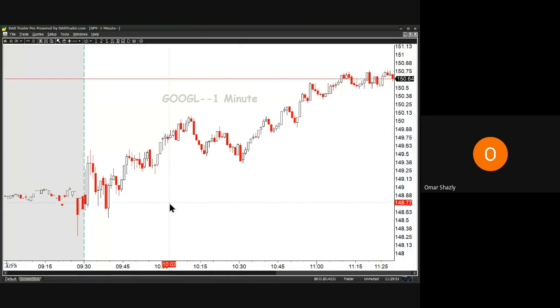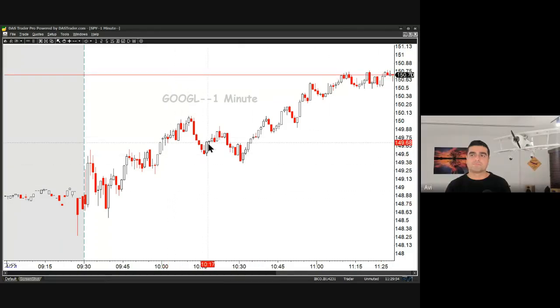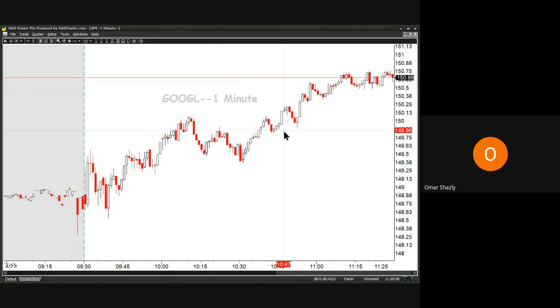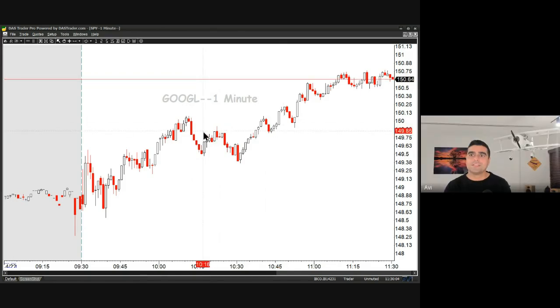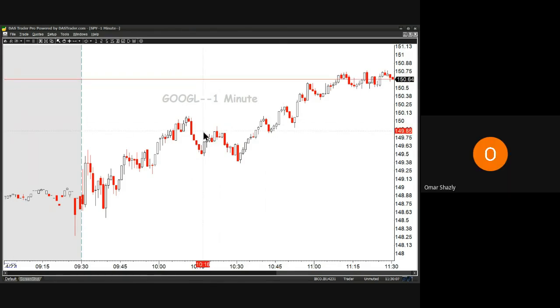So I entered there, and it didn't make a new high. My stop was below it, and then I get this, I don't know what it is, liquidity grab or whatever it is. So that's the kind of frustrating thing of trading, which I know. You get stopped out. Things don't work out every time.